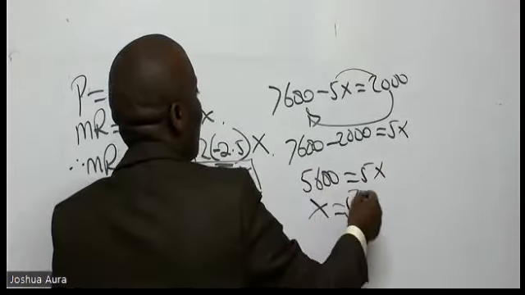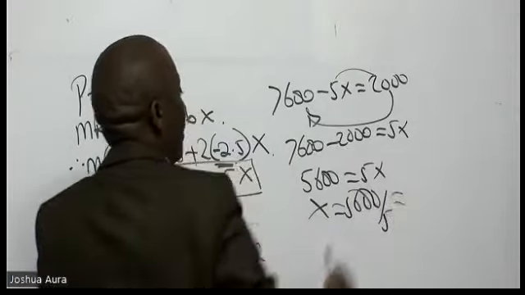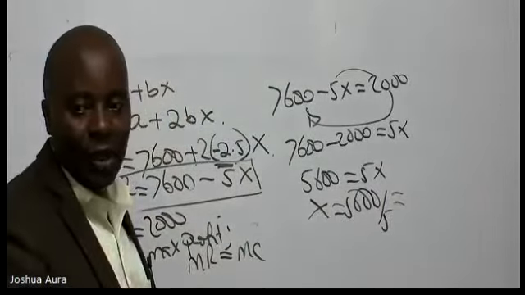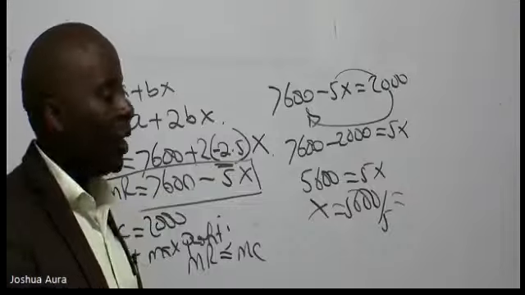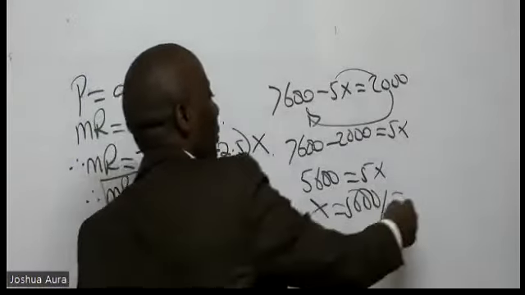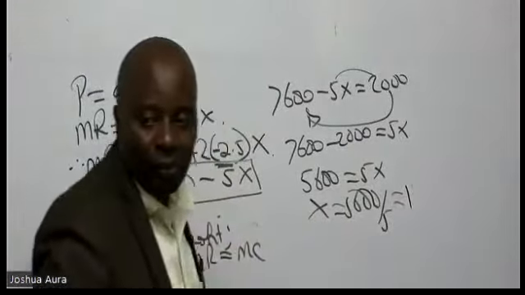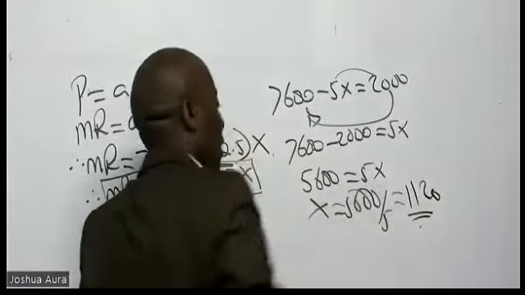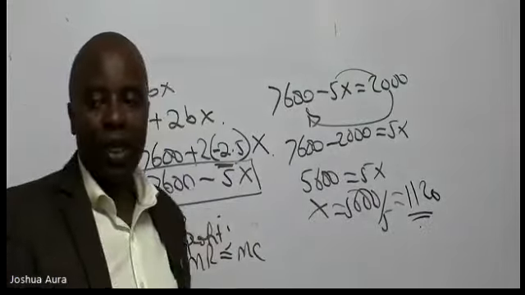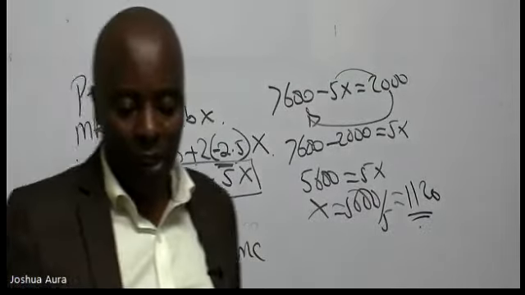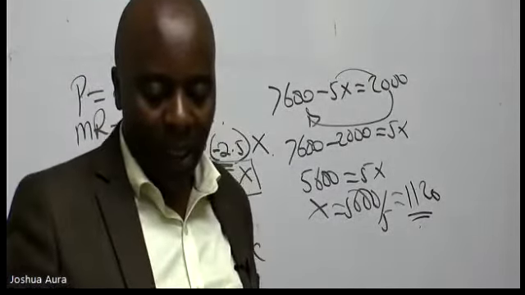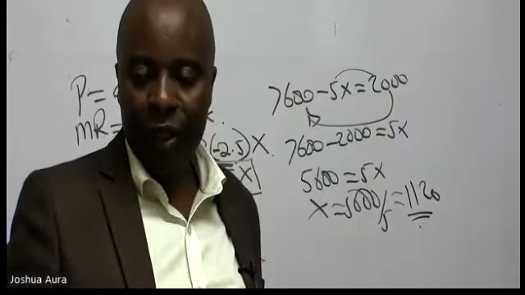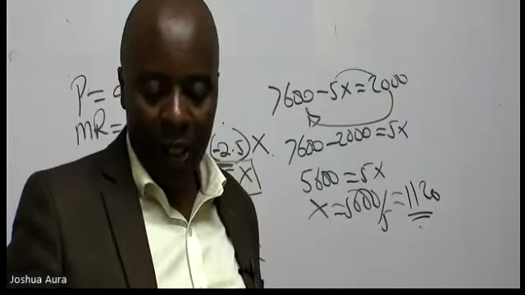X will be 5,600 over 5, which will end up giving us what figure, somebody here? X is 1,120. Thank you so much. So having gotten that as our X figure, please read again. They want the fees. Fees is the same as the price.